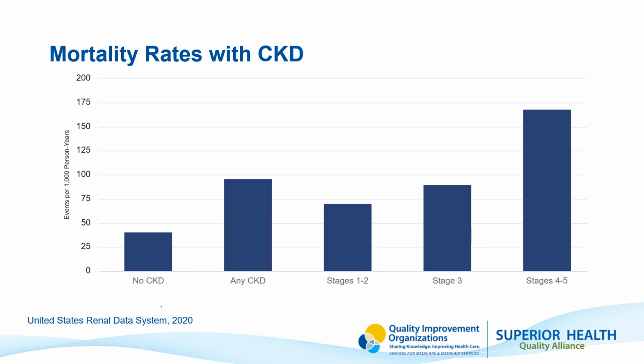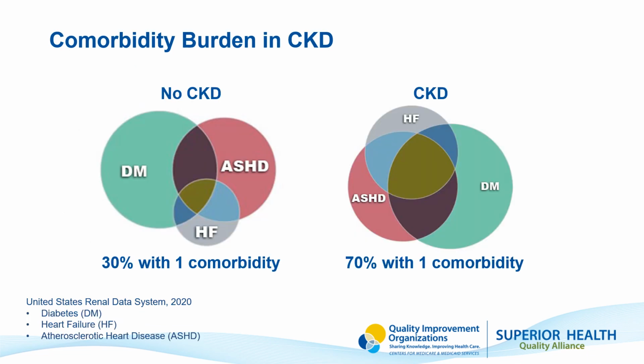Mortality rates with chronic kidney disease worsen as you progress through the stages of CKD. In other words, the higher the stage of CKD, the greater the mortality rate, measured as events per 1,000 person years. Comorbidity burden in CKD.